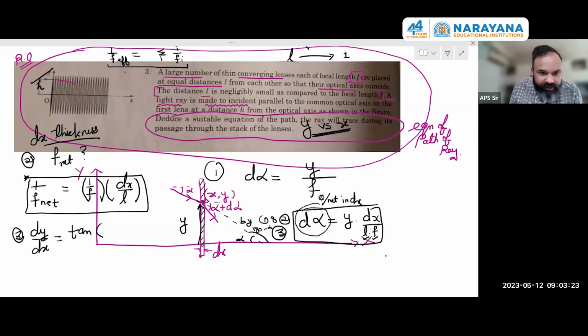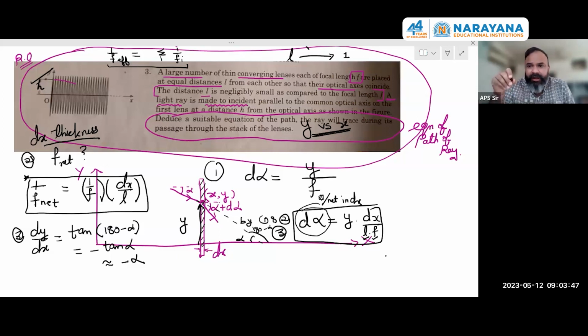So the slope of this line is tan of 180 minus alpha. And that becomes minus tan alpha. And now I can say, because these deviations are small, we are considering paraxial rays, this tan alpha, sin alpha, or alpha can nearly be the same at that location.